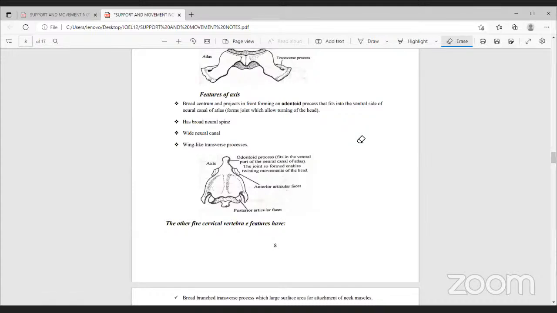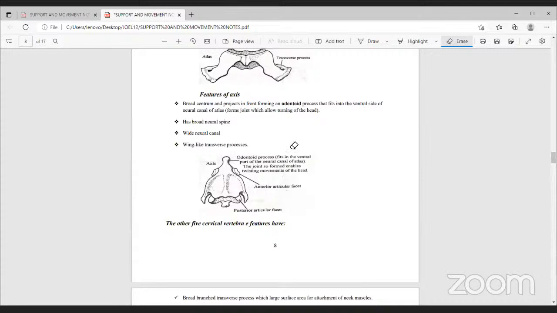So the features of the axis, number one, is that it has an odontoid process. This is a modified centrum here. It's a modified centrum that we call the odontoid process.